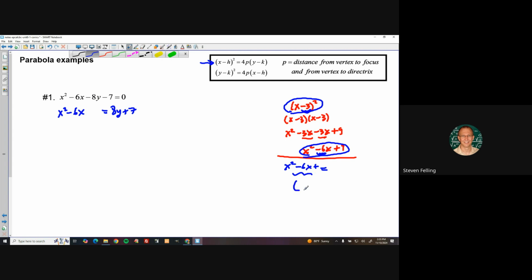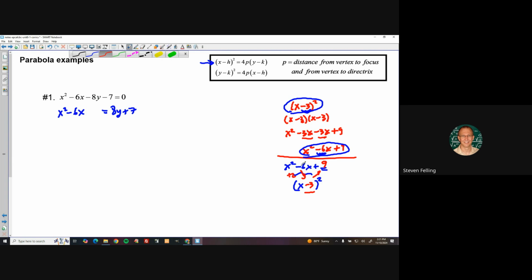So we write the pattern for a complete square. We copy this letter here, but the value that goes here is half of this value. So you cut this value in half with its sign. And then the value that has to go here is this minus 3 squared, which is plus 9. That happens because we're multiplying those two things.